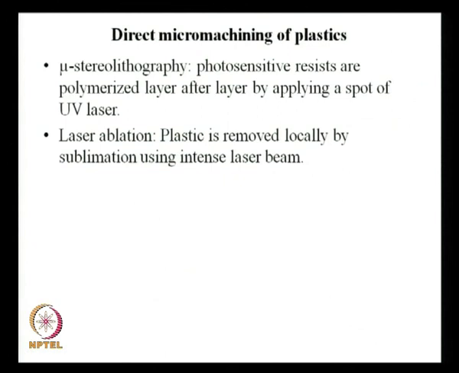The other technique is laser ablation. Instead of building the plastic layer by layer, you can destroy the plastic layer by layer in selected portions using the laser beam. So, plastic is removed locally by sublimation under an intense laser beam.